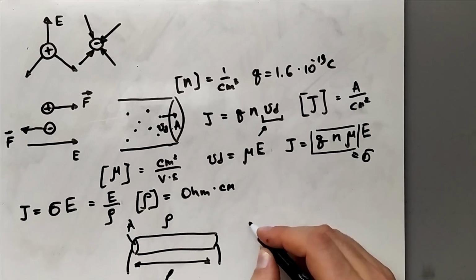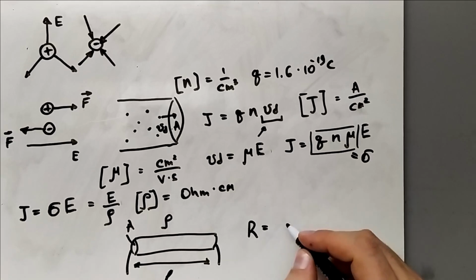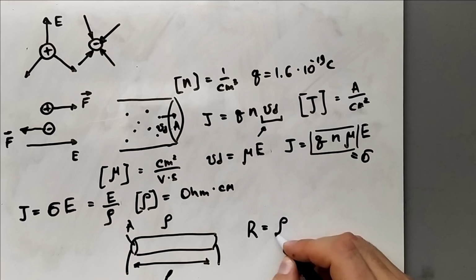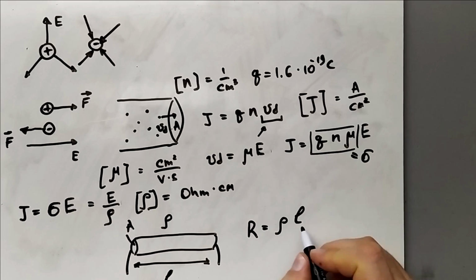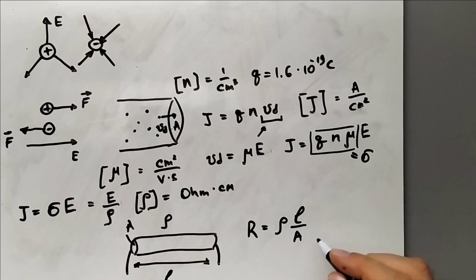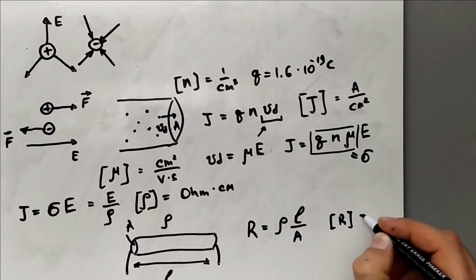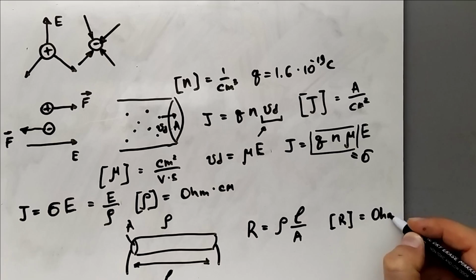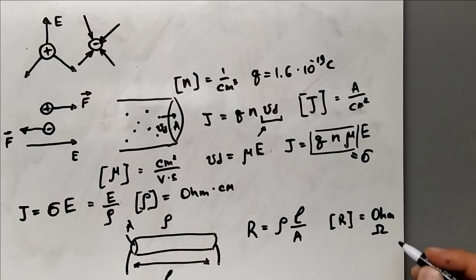In this case, we can introduce electrical resistance as R, and that is equal to the product of specific electrical resistivity times the length of the sample divided by the cross-section of the sample. Now, if we look at the units, we will see that the unit for electrical resistance is ohms, or it can also be represented by this Greek letter.